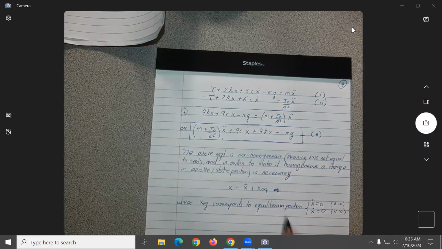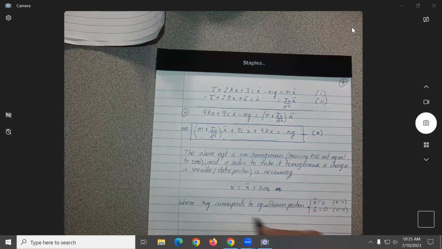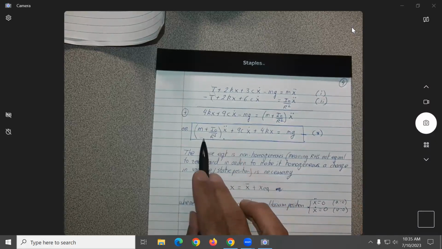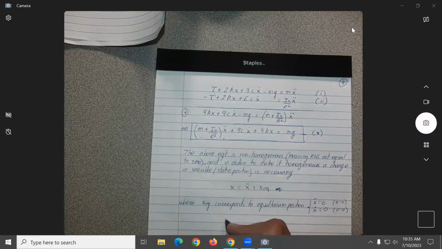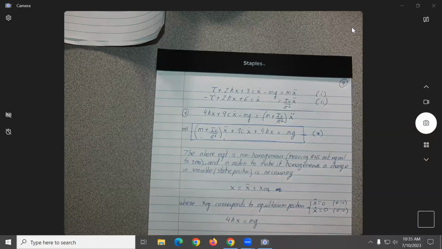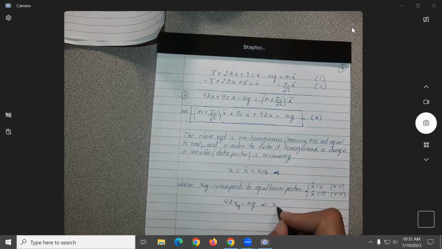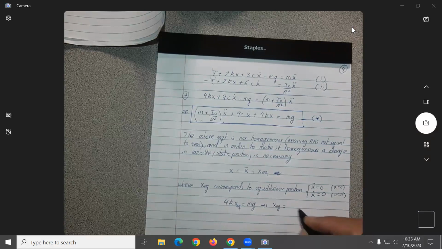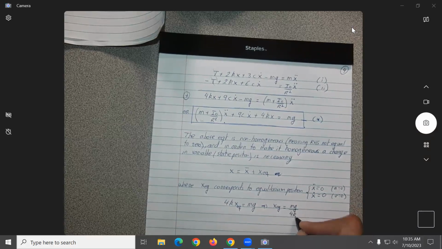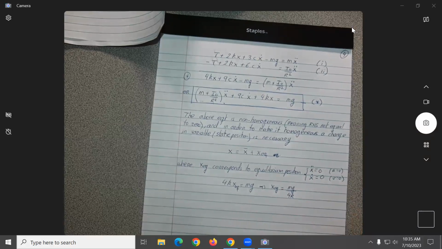If you look at the equation, this is 0, this is 0, this will give us 4k x equal to mg, so this will be m g over x equilibrium, which means that x equilibrium will be equal to mg over 4k. All right.